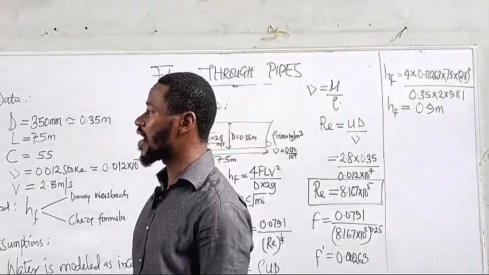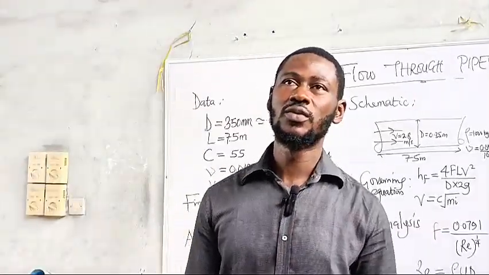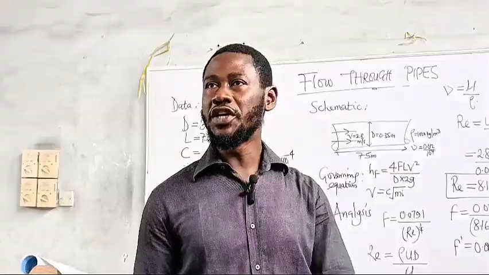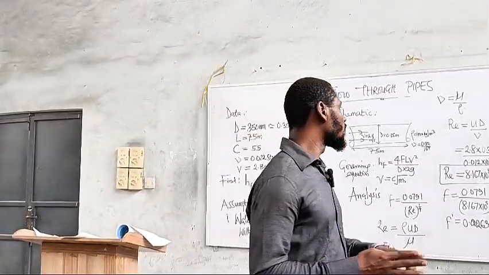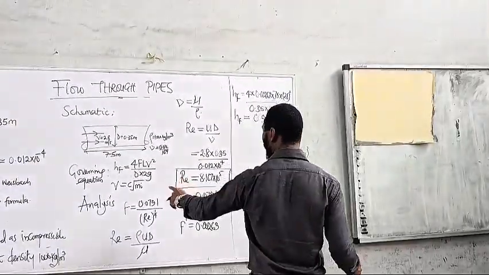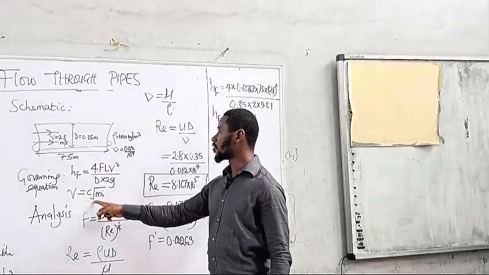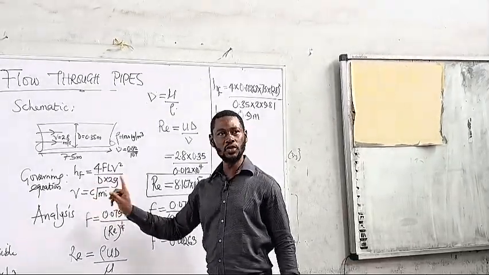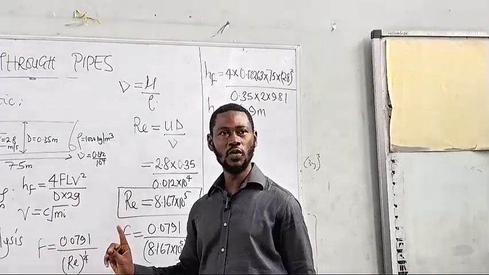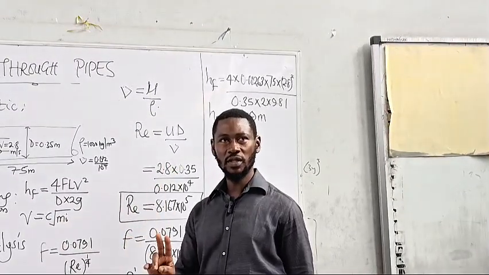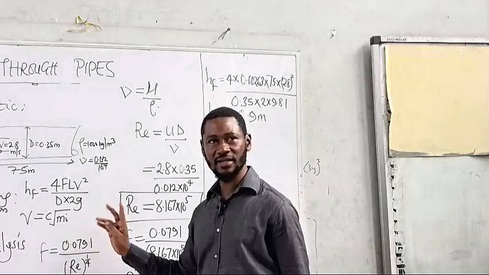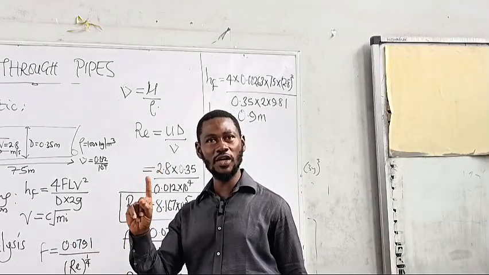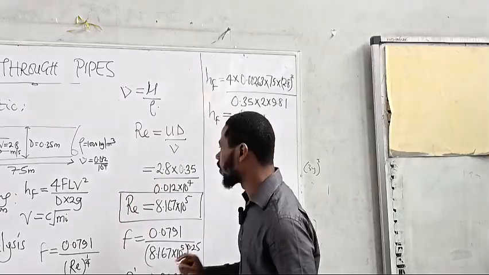Then for the second thing we are asked to determine from the question, we are asked to determine the head loss using the Chezy formula. For the Chezy formula, we have V equals C square root of MI. In this case, V is known, C is given. We have two unknowns, M and I. Note that M is defined as the hydraulic mean radius.